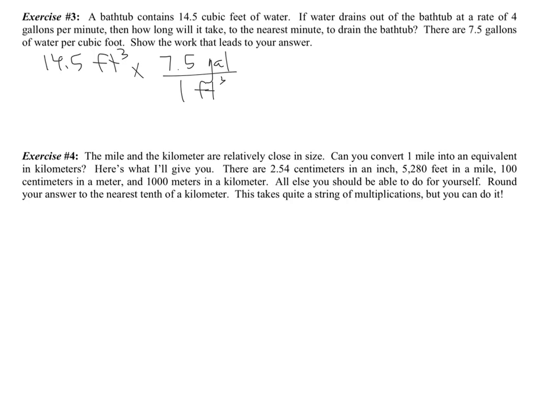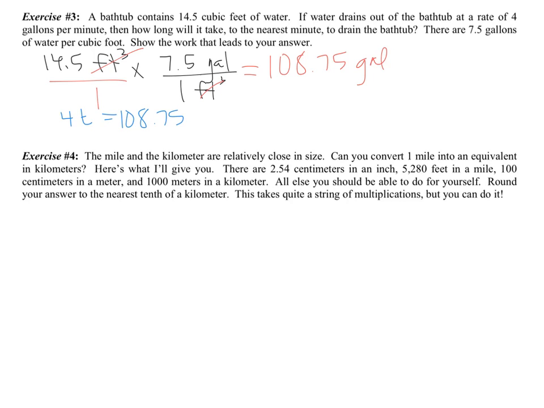So what we've done here is we've set it up so that the cubic feet will cancel out. So this becomes 108.75 gallons, which is how many gallons there are in 14.5 cubic feet. Now we need to figure out how long it takes to drain. So if T is time to drain in minutes, then 4 times T equals 108.75.